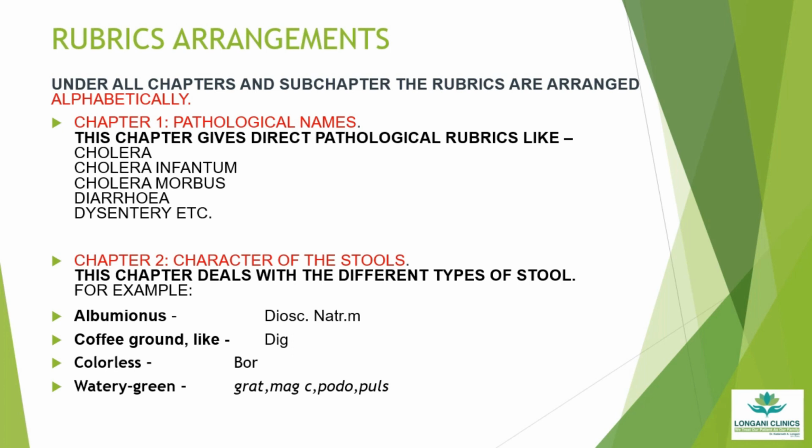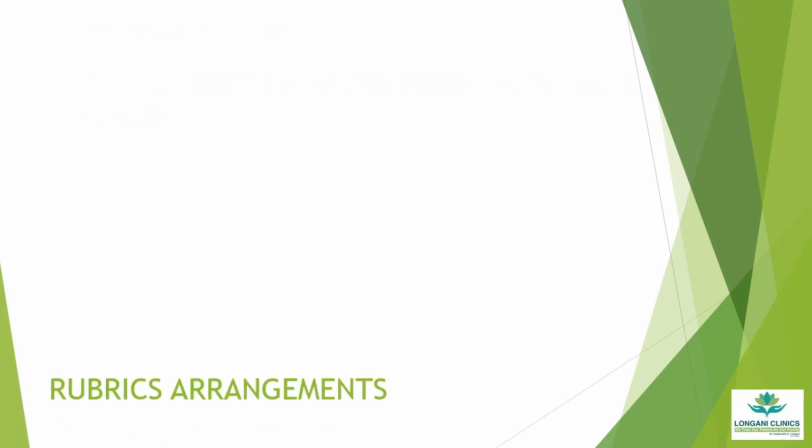For example, albuminous type of stool. The drugs given are Dioscorea, natrum, coffee ground like stools, digitalis, colorless, borax, watery green stools, gratiola, podophyllum, pulsatilla.